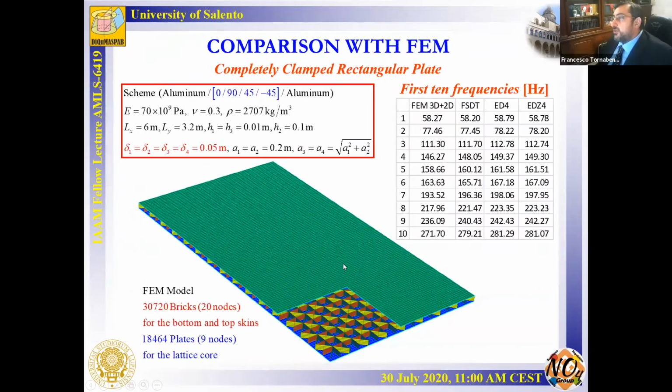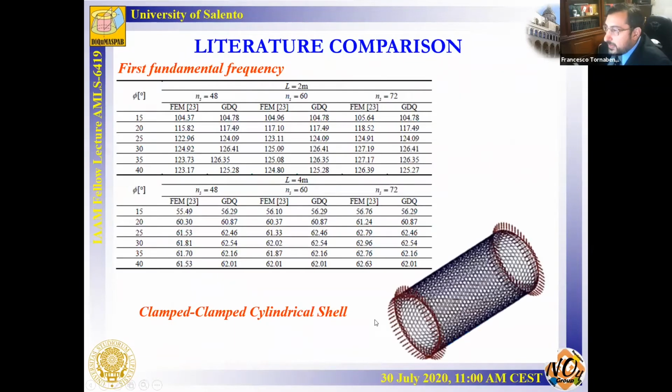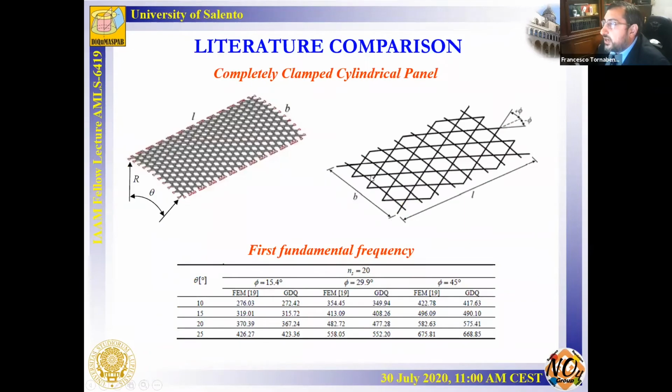And here I report results and the comparison between different kinds of theory in terms of the first 10 frequencies I have obtained from the FEM model and the theory I have proposed before. Here I reported another case, in particular a comparison from the literature, for a cylindrical shell and for a cylindrical panel, by changing the angle of the ribs of an isogrid core.